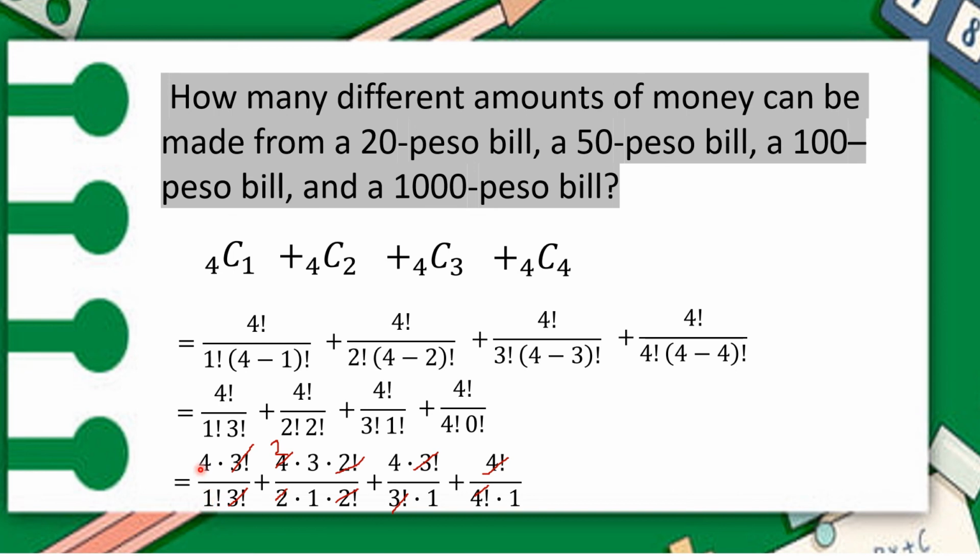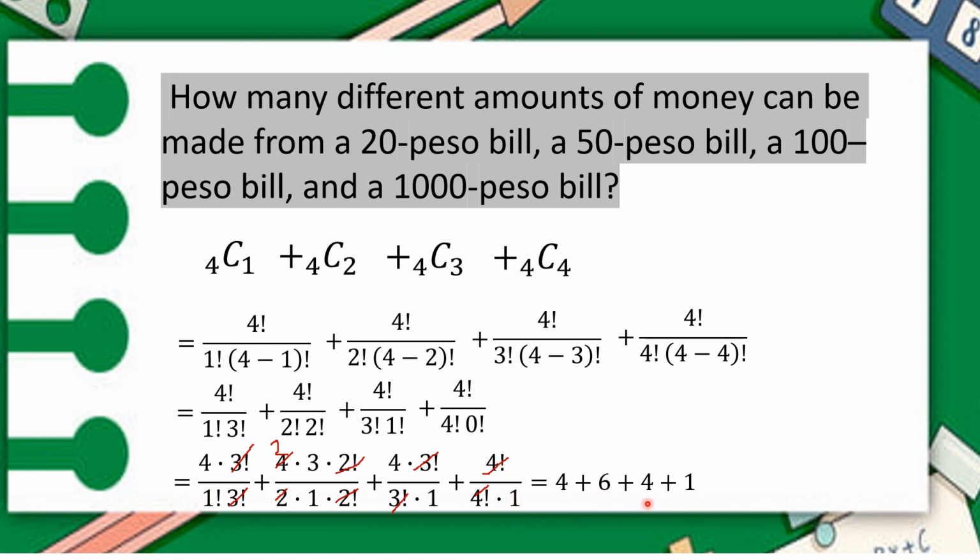We can now simplify 4 divided by 1 is equal to 4. Tapos, 3 times 2 is equal to 6. Then, since 4 na lang to, 4 divided by 1 is 4. And 1 divided by 1 is 1.